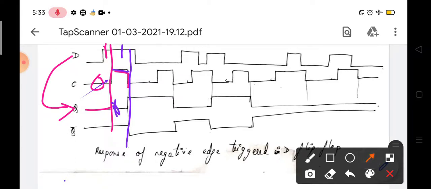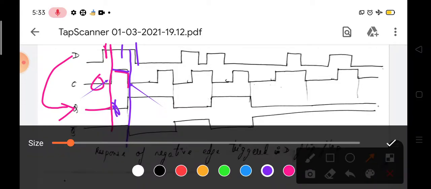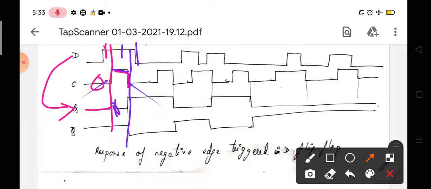The status of D being 1 will be transferred to the output during the negative edge, the falling edge of the clock. So see here, D is 1, however for this D to appear at the output requires a negative edge of the clock.